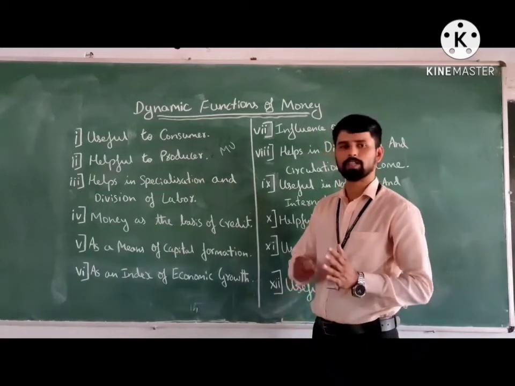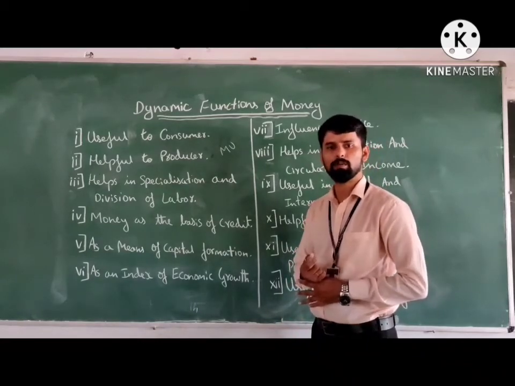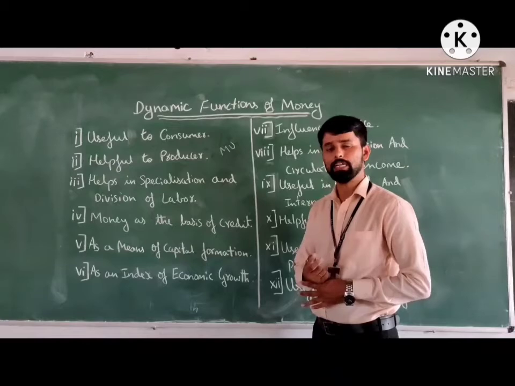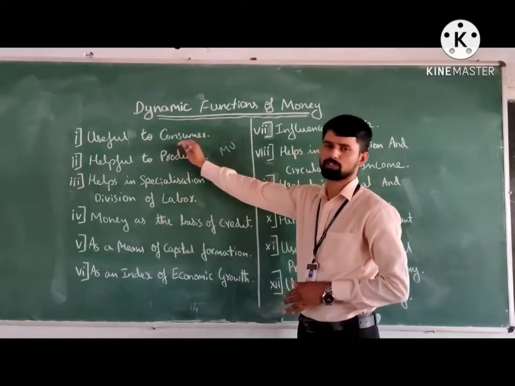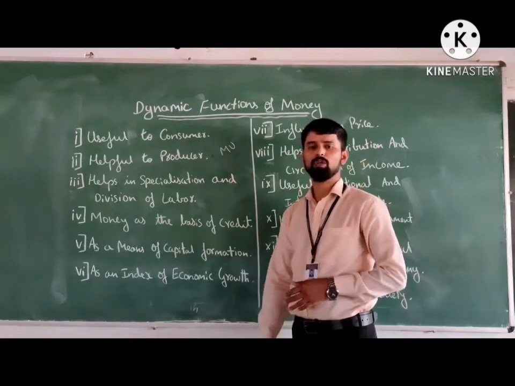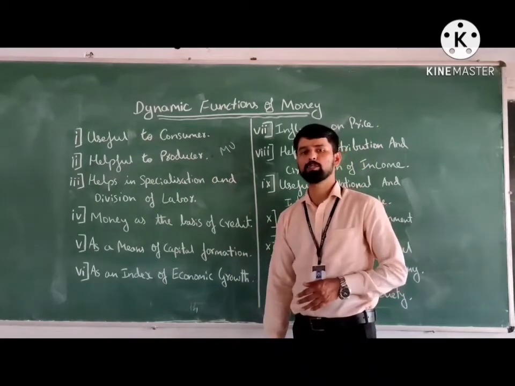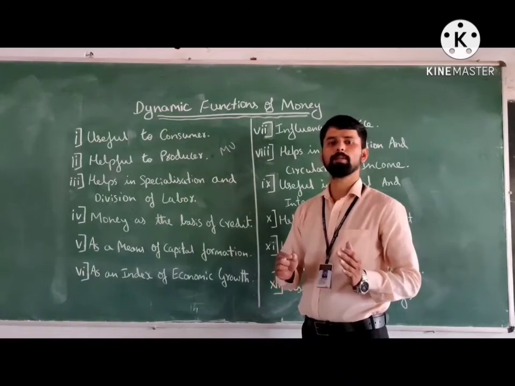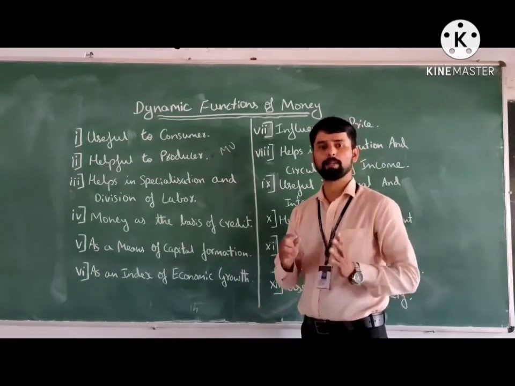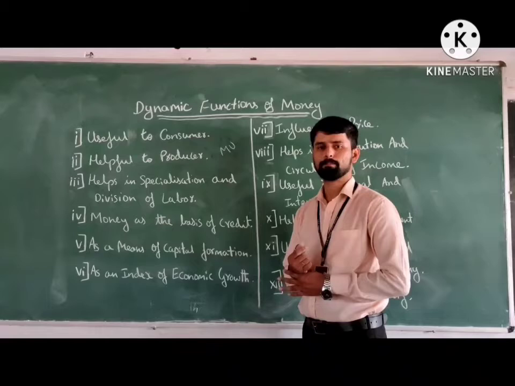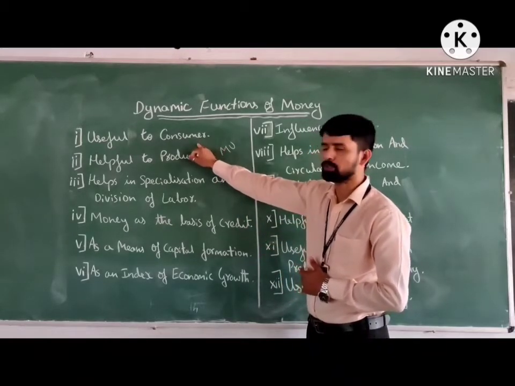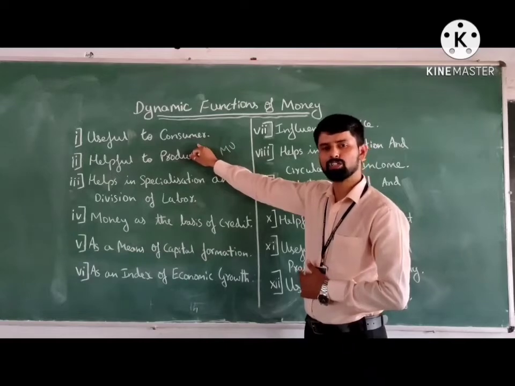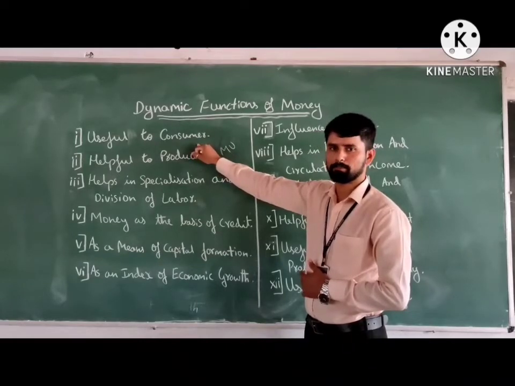So for the rational distribution of income, money plays a very important role. Money is very useful to the consumers. Every consumer derives maximum satisfaction by making optimum consumption, optimal distribution of the income. That is the first importance, that money is useful to the consumer over the rational distribution of income.